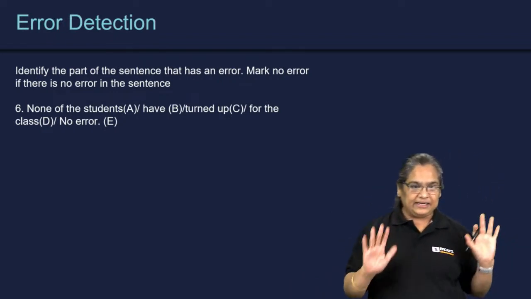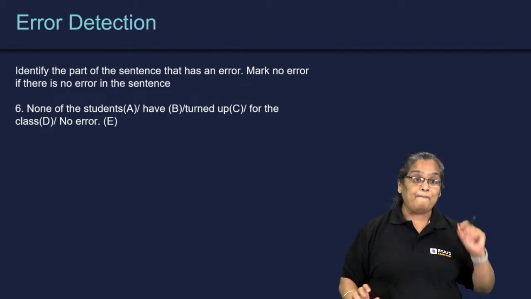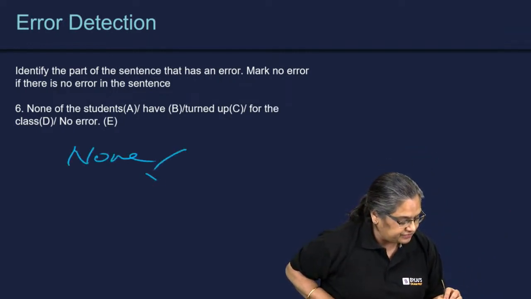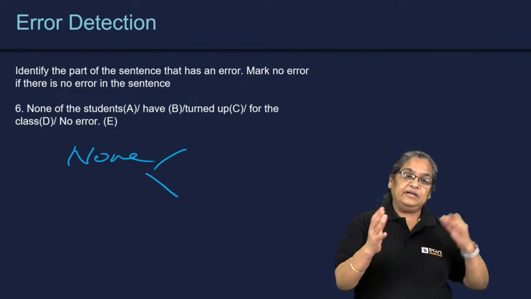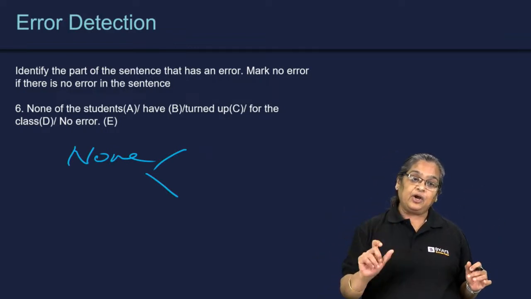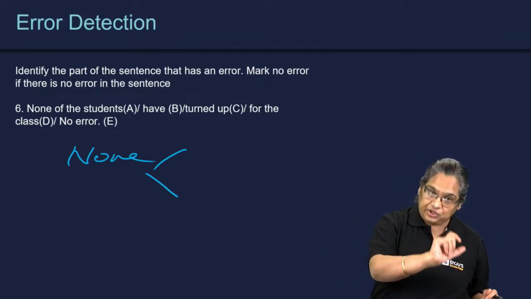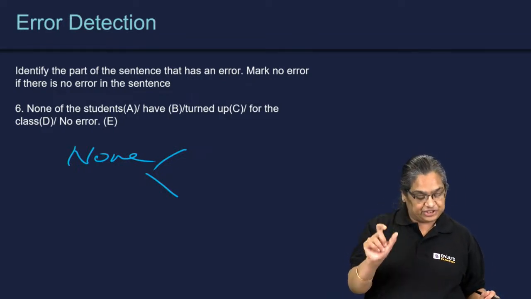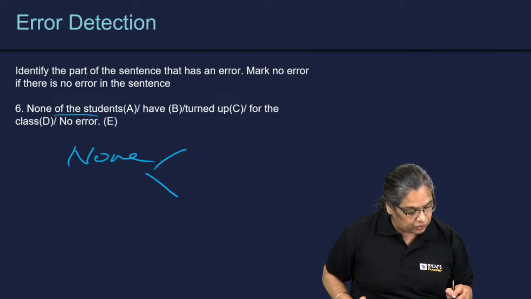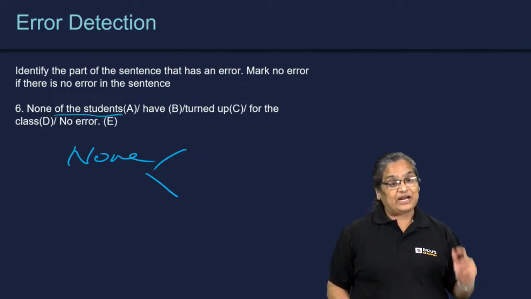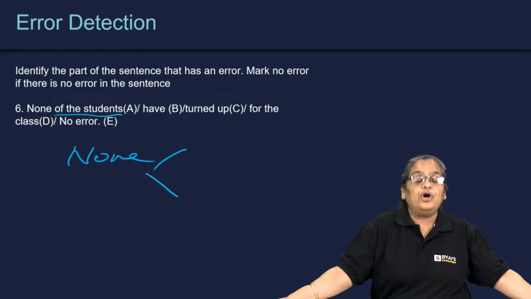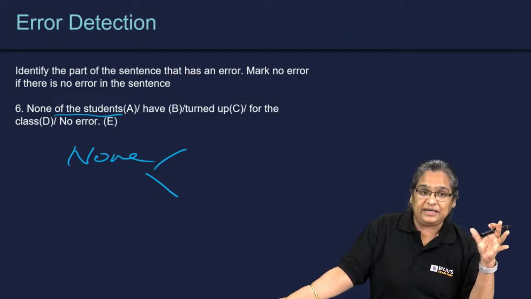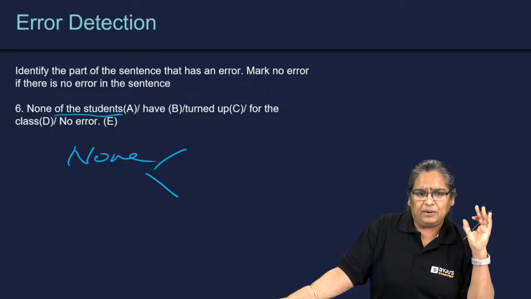None ideally is taken as singular, but none is ambiguous, it can change. None is treated as a singular or a plural subject depending on the prepositional phrase that follows it. So when I say none of the students, what is the idea you're getting in your head? A singular entity or a number, a plurality?